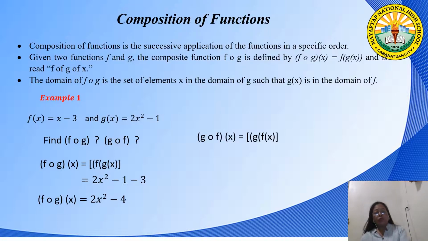And for g composed of f of x, by definition, it is equal to g of f of x. This time, the domain of g is f of x. So our g is 2x squared minus 1.